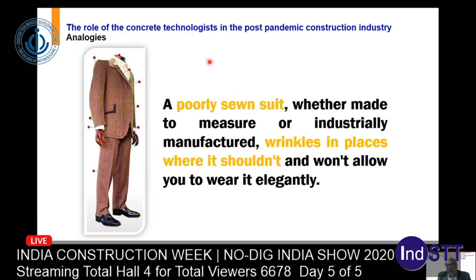In concrete construction, the cloth is the concrete mixture, and the ones that make the suit are those who handle the concrete: those who place the concrete, those who compact it, those who cure it, those who inspect it. Those are the ones responsible for the quality of the concrete in the structure.